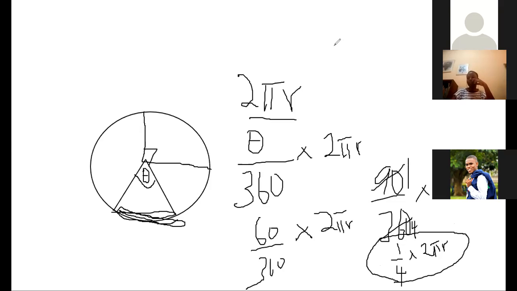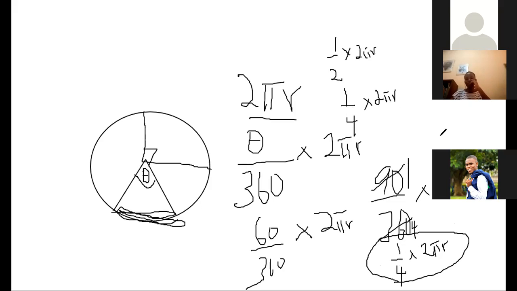So the formula for finding the circumference of a semicircle is 1 over 2 times 2 pi r. The formula for finding the quadrant is 1 over 4 times 2 pi r.